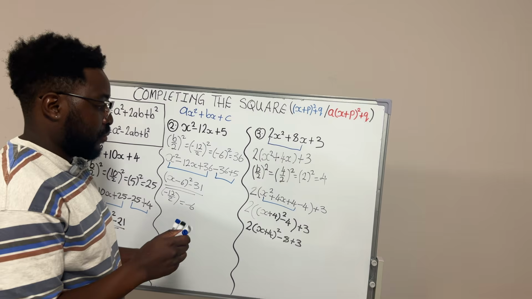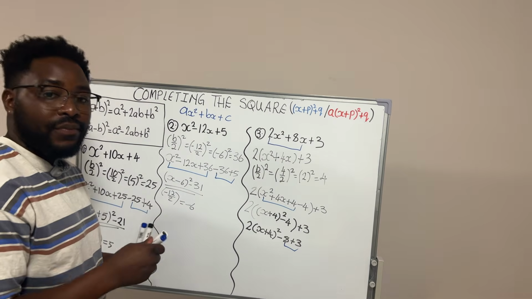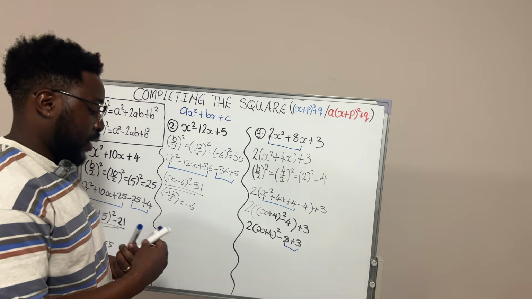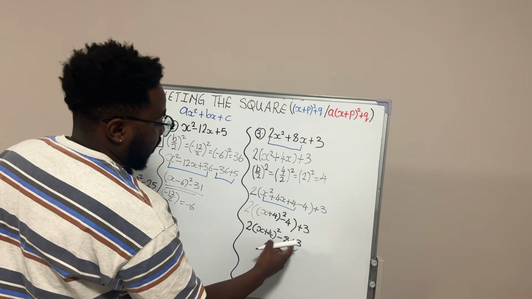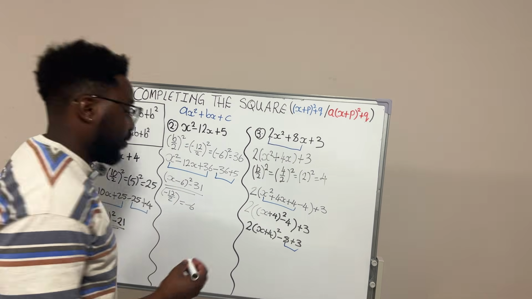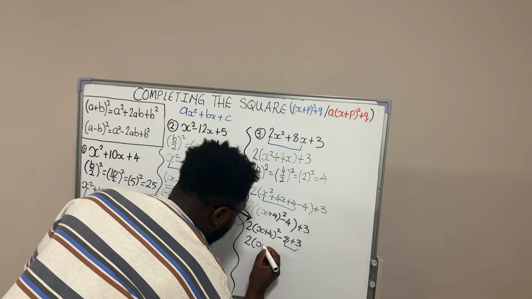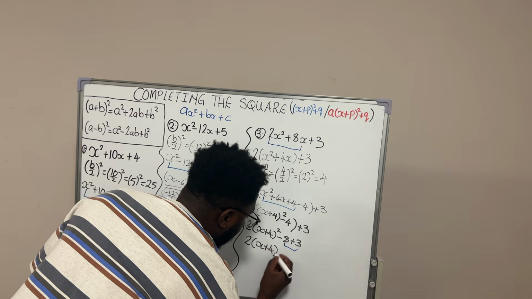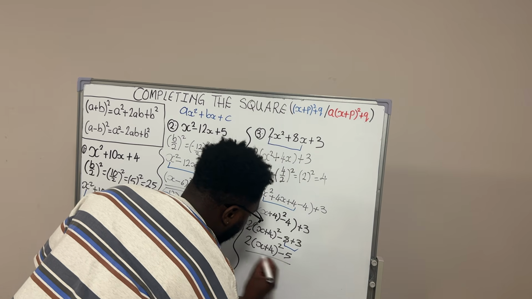Okay, now we can deal with these two terms here. Negative 8 plus 3, that's negative 5. So therefore, we shall then have 2 open brackets x plus 4, squared, minus 5.